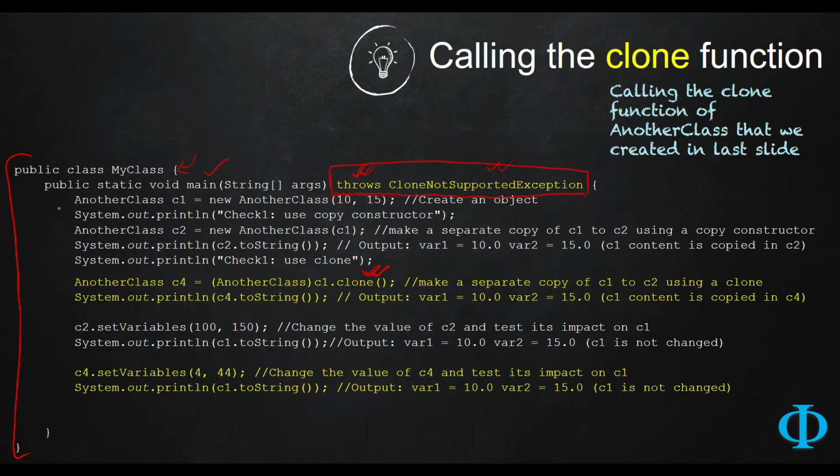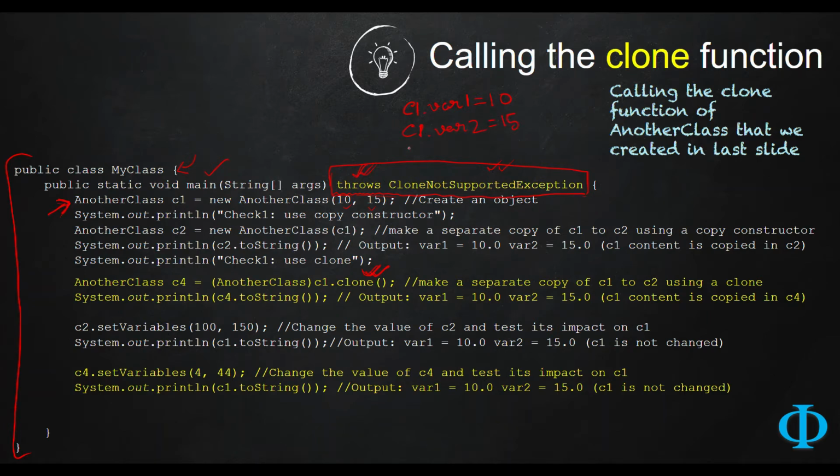Now what I have done is to illustrate the concept of clone. First, I have created an object of another class, C1, and I have passed 10 and 15, and it will create an object called C1 with the value of its var1 as 10, and the value of var2 as 15.